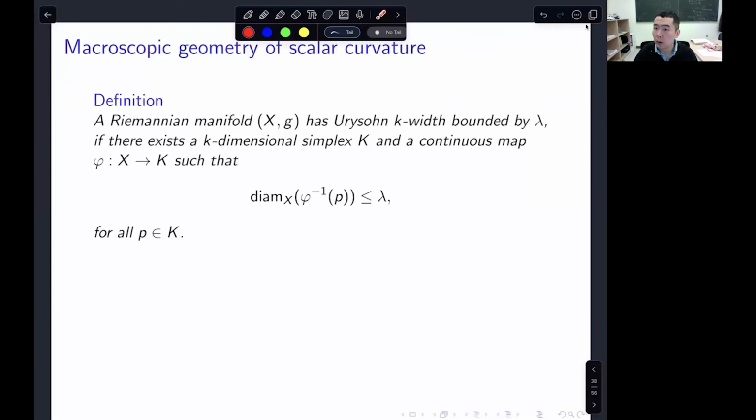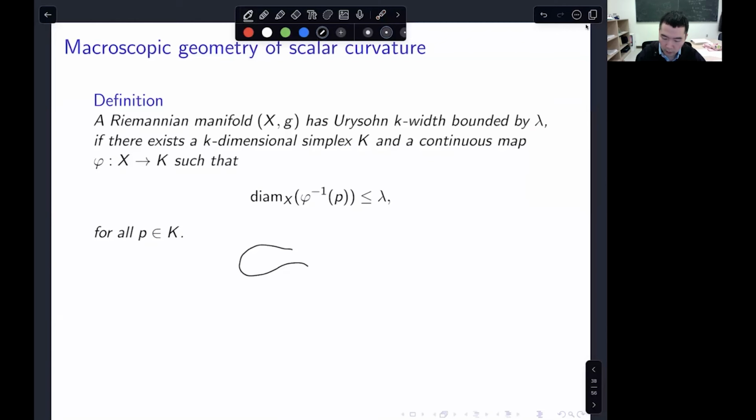Let me quickly remind you of the definition of the so-called Urysohn width. We say a Riemannian manifold has Urysohn k-width bounded above by lambda if there exists a k-dimensional simplex and a continuous map from your manifold to the simplex such that the preimage of each point has diameter bounded by lambda, for instance. So this is saying that in a microscopic way, your manifold looks like a k-dimensional simplex.